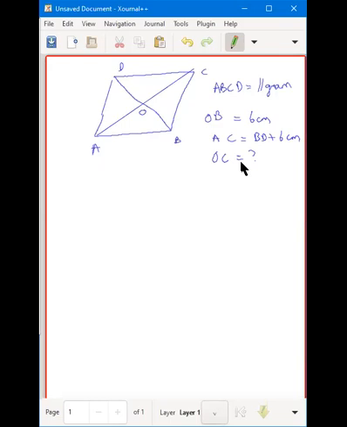This information is given to you. You need to find the length of OC. Message me your answers in the chat.